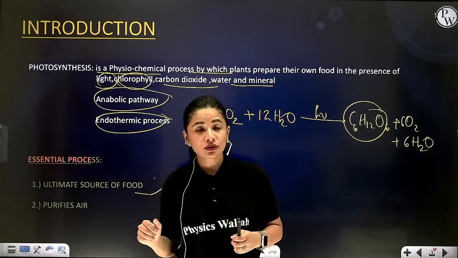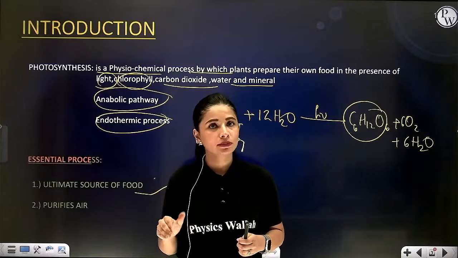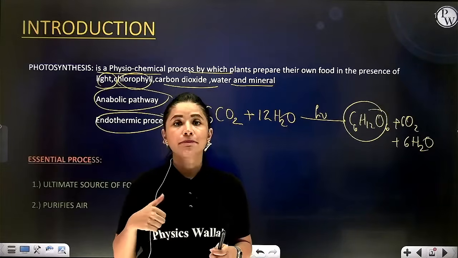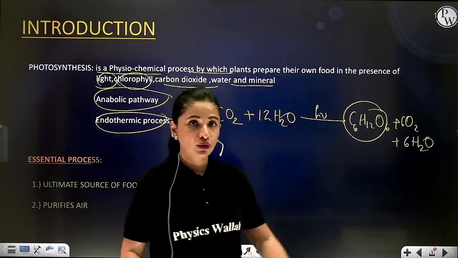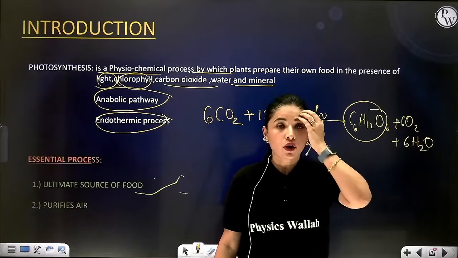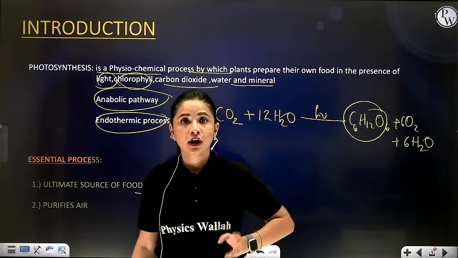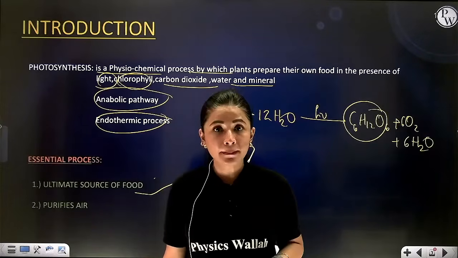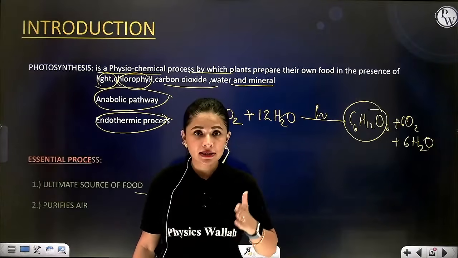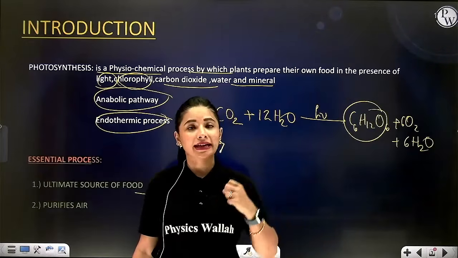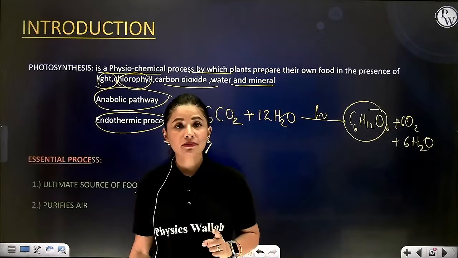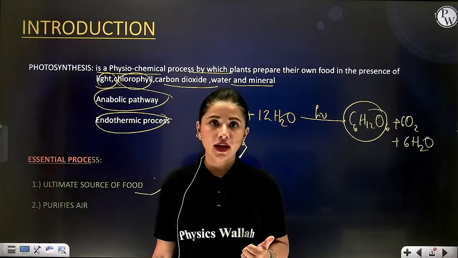And photosynthesis is a very vital phenomenon for 2 major reasons. Number one, it purifies the air. Oxygen is released as one of the byproducts, and oxygen is very vital for respiration, for combustion, and many other processes. So plants are the only ones who can take in CO2 and give back O2. So they are very much responsible for purification of air.